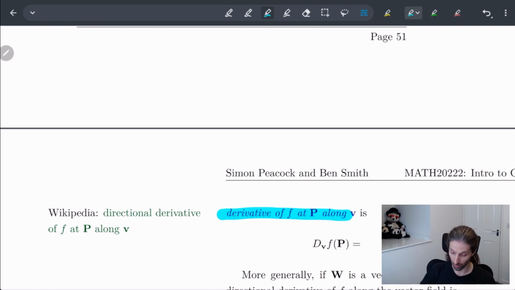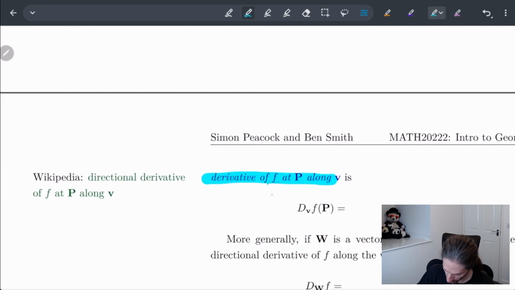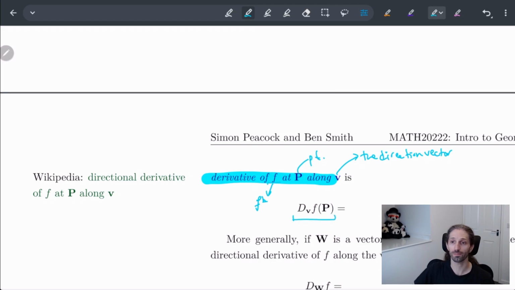Here we need three things, right? We want f, the function, p, the point, and v, the direction vector. Since we have these three things, that's why we encapsulate all that information in this notation.